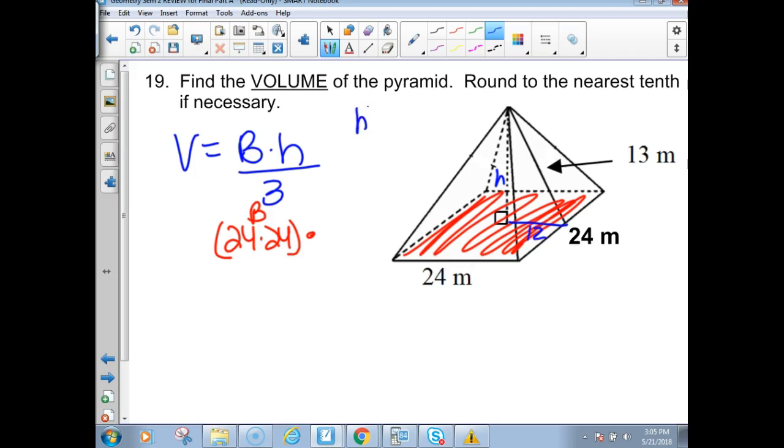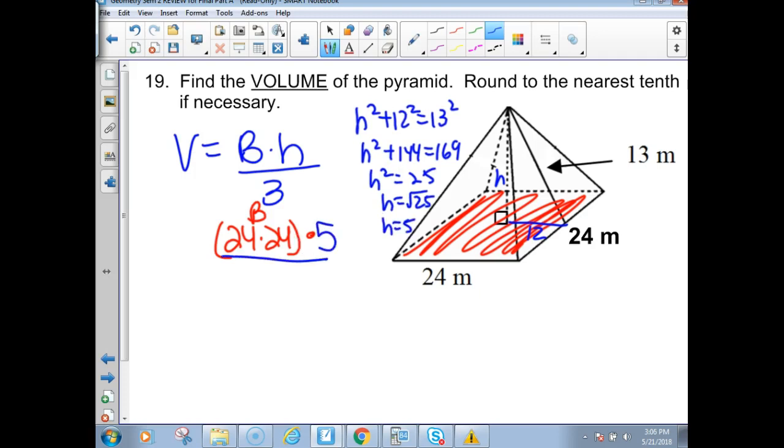So we've got to do h squared plus 12 squared equals 13 squared. Good old Pythagorean theorem. 169 minus 144 will give you 25. Take the square root, and that's going to give us a height of 5. So now we know what to plug in for h.